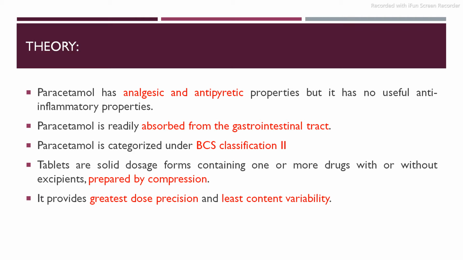Then it provides the greatest dose precision and least content variability. Dose precision means, if the stated amount is 500 milligram, then there may be least variation. Almost all tablets may contain, instead of 500, maybe 499 or 501.